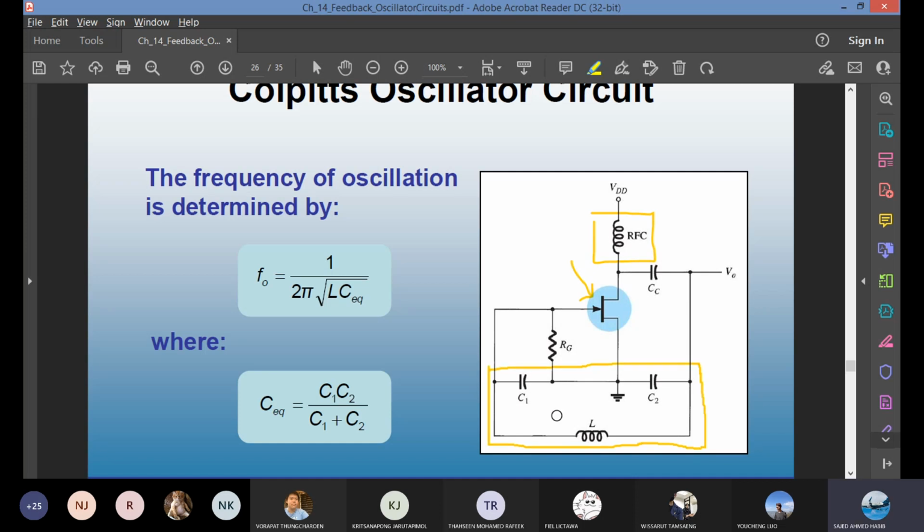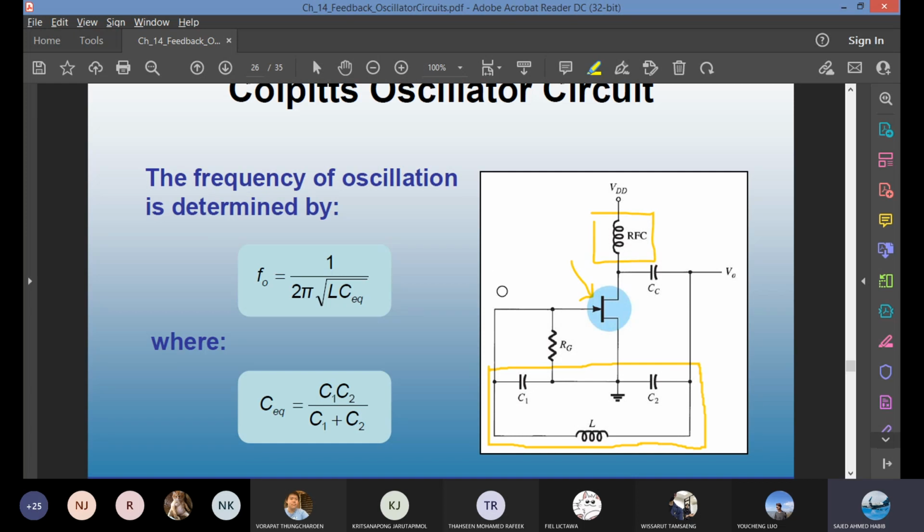You see 2 capacitors, 1 inductor: C1, C2, and then L. What is the combination of capacitors in this circuit? These 2 capacitors in this branch, they are in series. Remember, when you have series resistors R1 and R2, it is just R1 plus R2. But for series capacitors, it is 1 over C equals 1 over C1 plus 1 over C2.